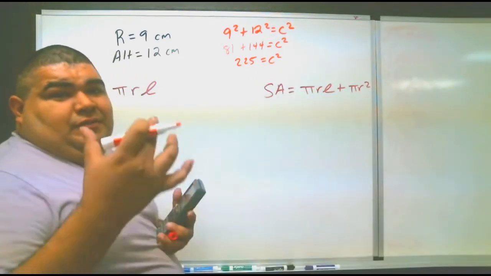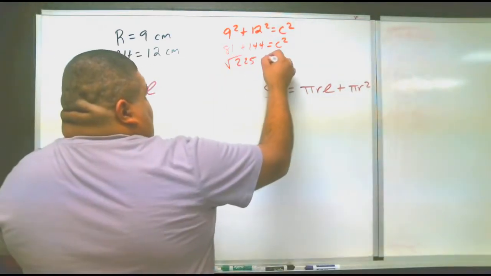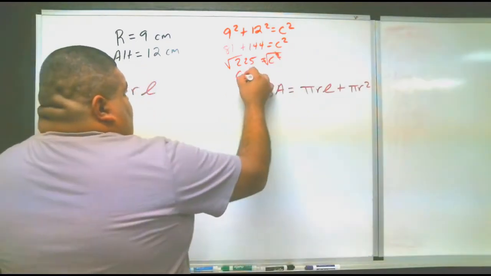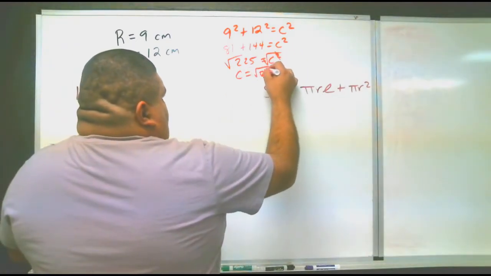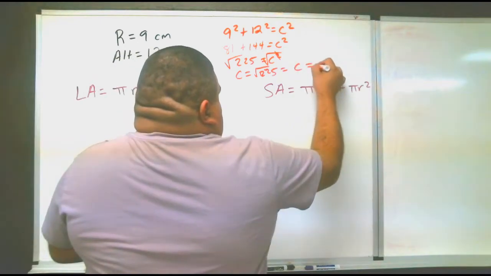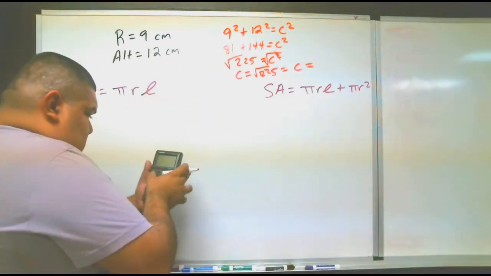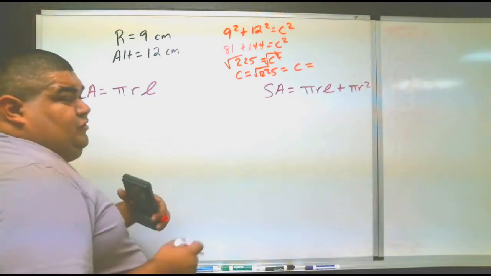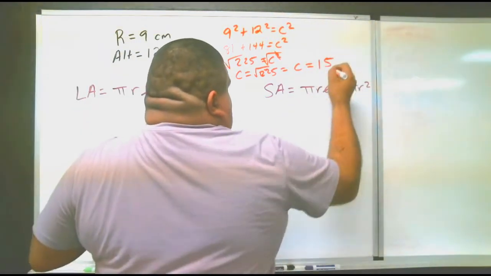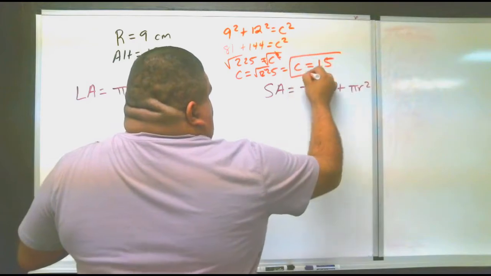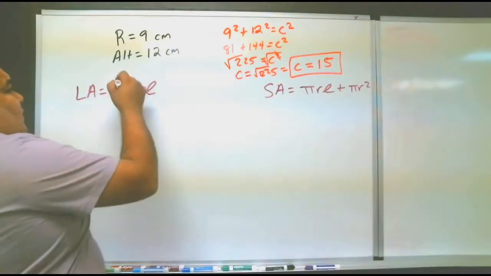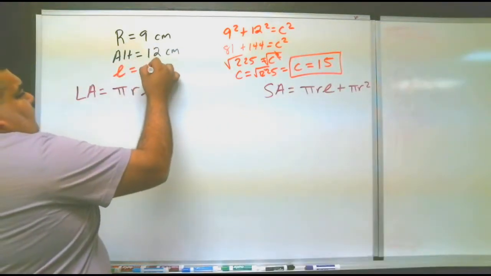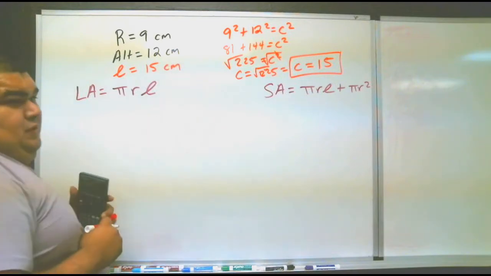Again, in order to get rid of the square, we have to take the radical. So c equals radical of 225, which, hopefully a perfect square root, is 15. So c equals 15. Our slanted height equals 15 centimeters.